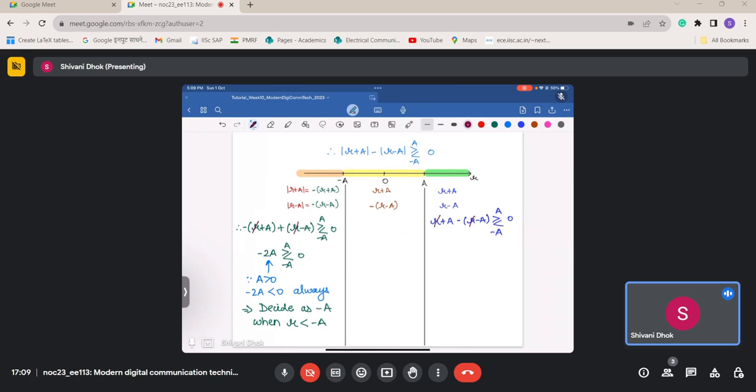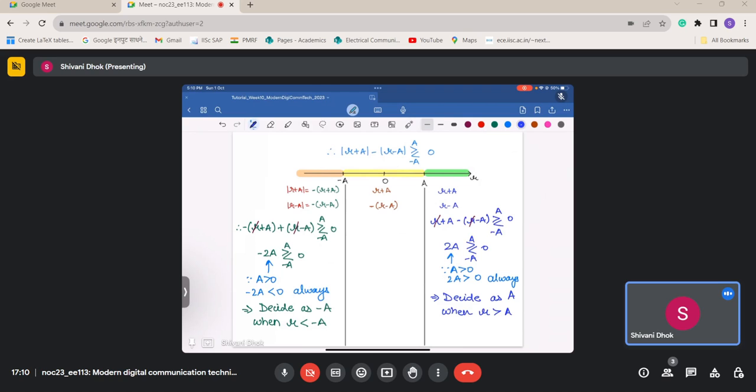So what we have is 2a is greater than 0 then a and less than 0 then minus a. Now same argument will hold, that since a is greater than 0, then 2a will also be greater than 0 always, which means that decide as a when r is greater than a. So this we have here.